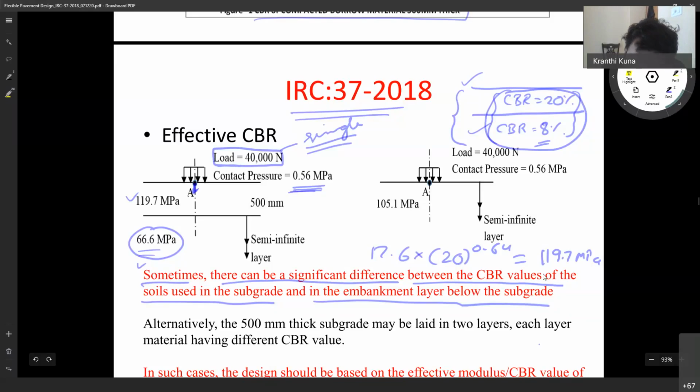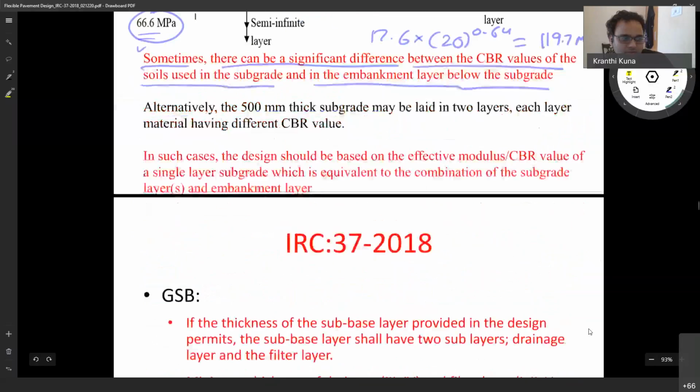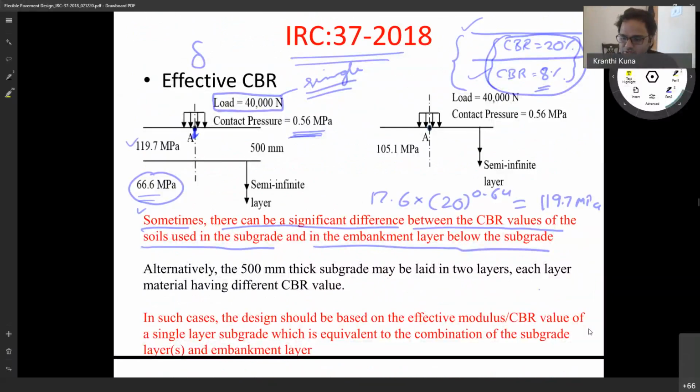Okay, so we use this deflection value, and there is an expression given in IRC 37. I think I haven't copied that one here, but let me share.